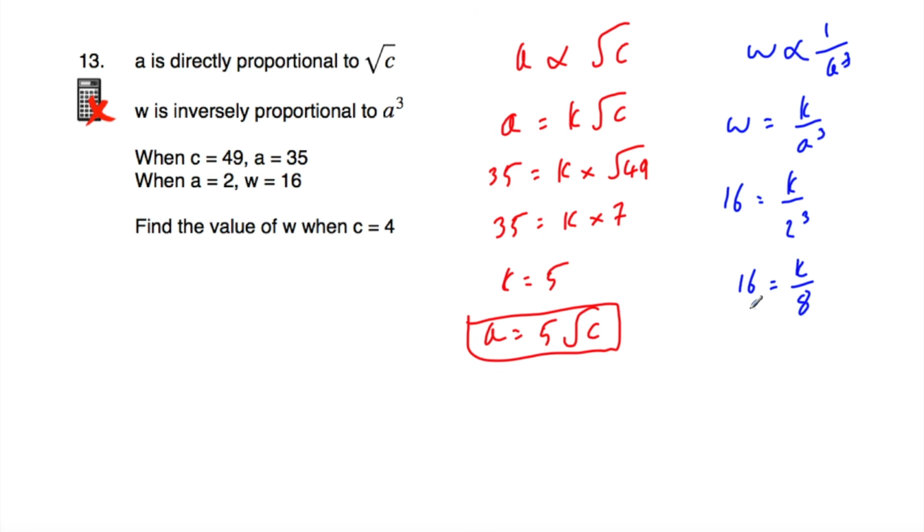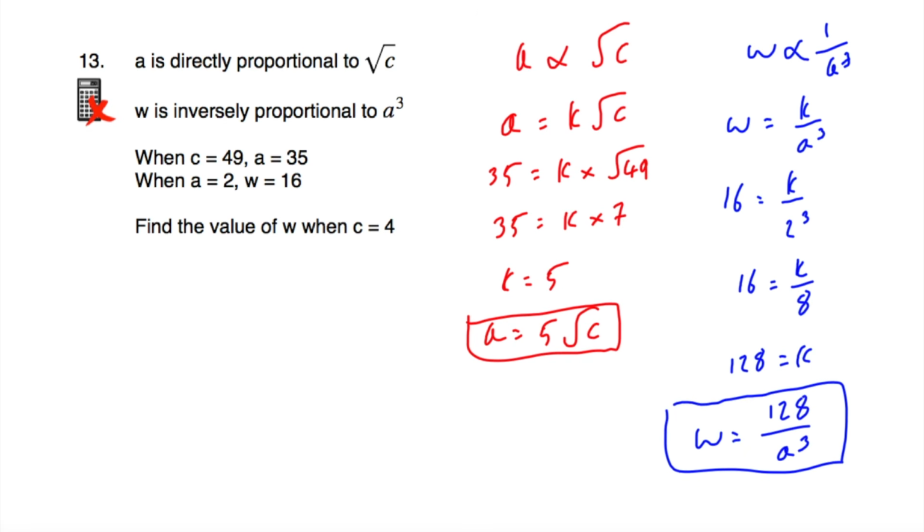And then multiply both sides by 8. 16 times 8 is equal to 128, and that's equal to K. So that means that our formula would be W is equal to 128 over A cubed. Okay, so that's our second formula. So we've got our two formulae there.